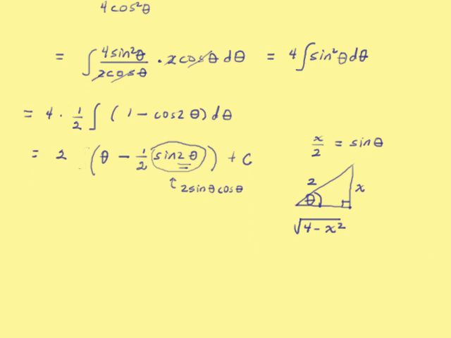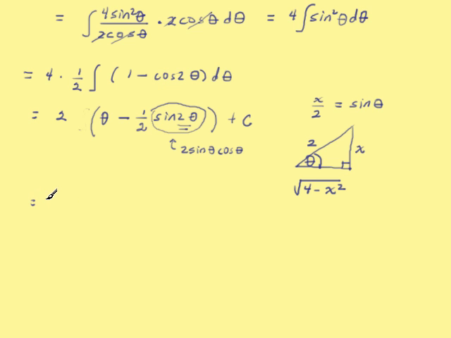So let's do that. So here we have 2. For theta, we're going to substitute arc sine x over 2. If we solve this for theta, we get theta is equal to arc sine x over 2. So that's what we're putting for theta.